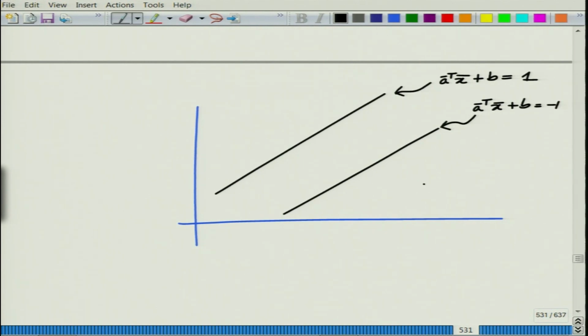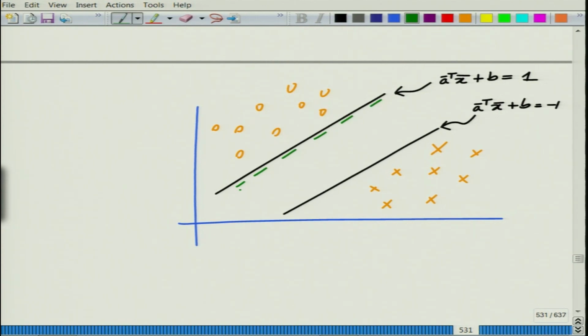Let us say you have this class 0 and you have the class 1, and now you are not just fitting a hyperplane, but you are separating. So, this is the separation. You are maximizing this separation, or in other words you are fitting a slab.